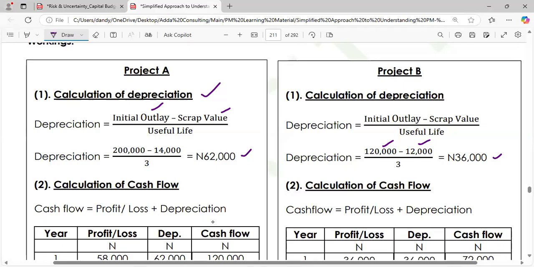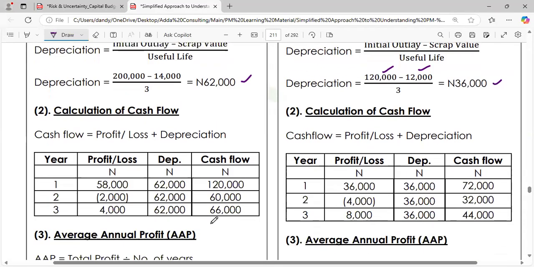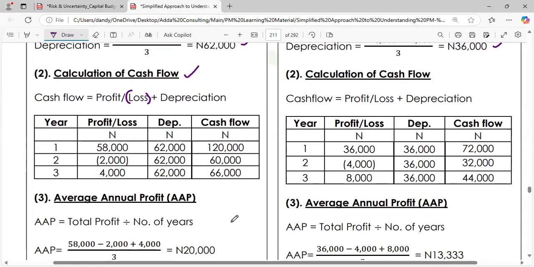Then the next working is to calculate cash flow. I said that cash flow is computed as accounting profit or loss plus depreciation, and you are going to do it for each project. For project A, according to the question, the first year profit is 58,000. In the second year, we are given a loss of 2,000. In the third year, a profit of 4,000.